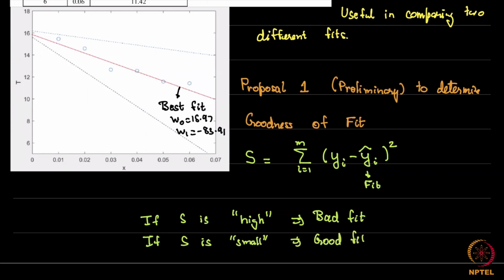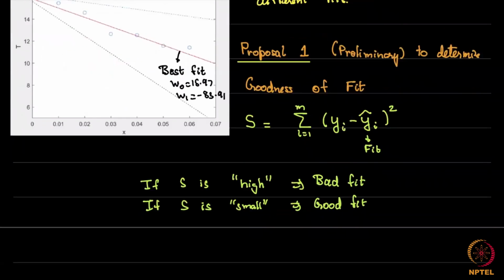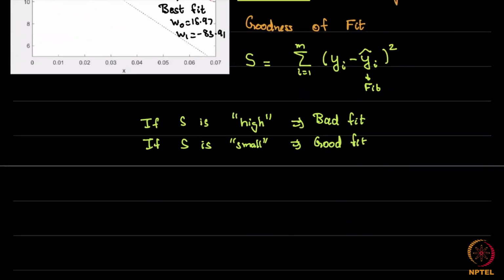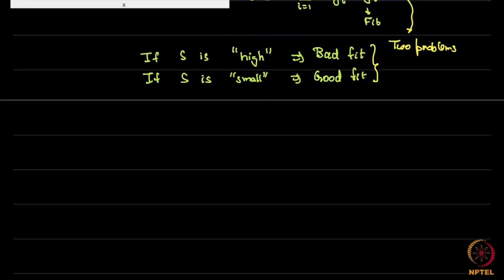So this is our proposal on what a possible measure of goodness of fit is. It turns out that this entire proposal has two problems. Those problems are as follows.